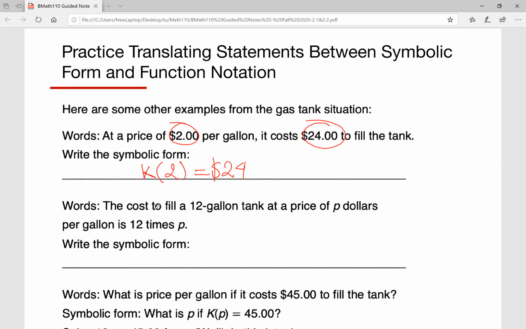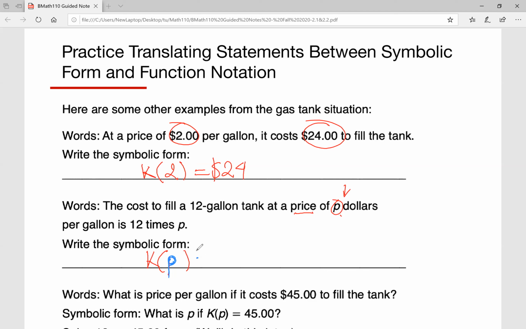So now the cost to fill a 12-gallon tank at the price P dollars per gallon is 12 times P. Okay, so what I should do now, I still have K of, what is the input now? The price is P, so this is the input. So I still have to put P, because we are just given P as a price right now.